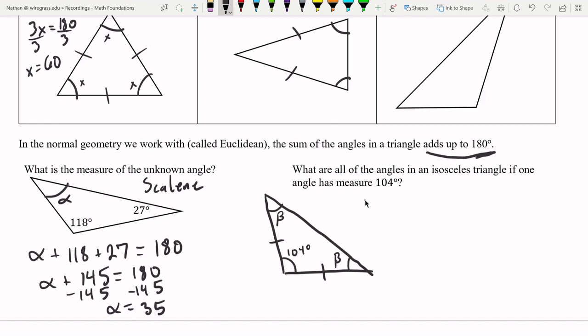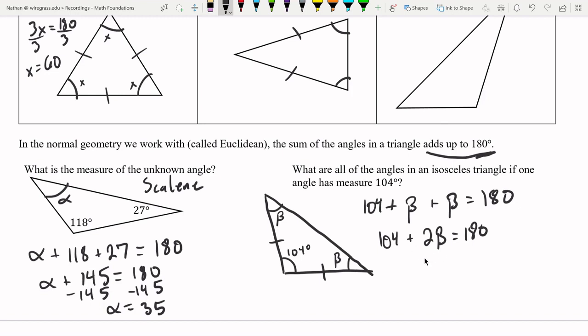We know that we have 104 plus beta plus beta equals 180 degrees. This is repeated addition, which is the same thing as multiplication, and we are multiplying beta 2 times. So this is the same thing as 2 beta.